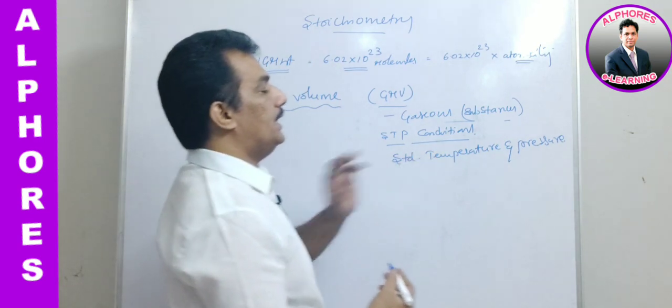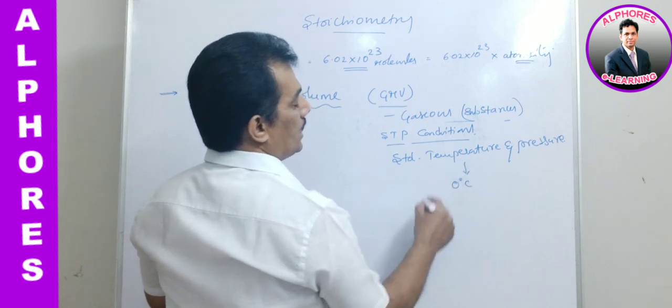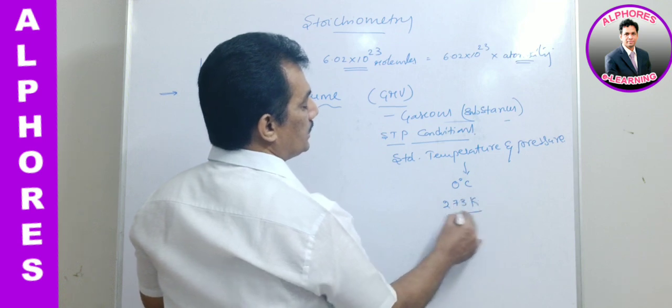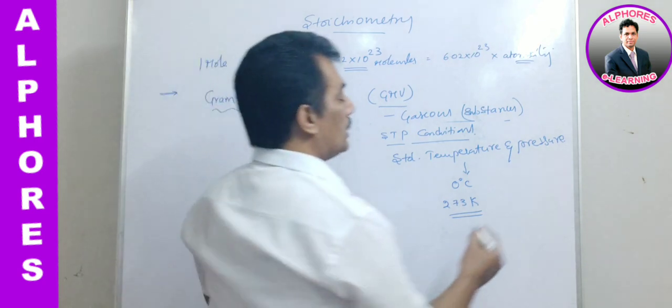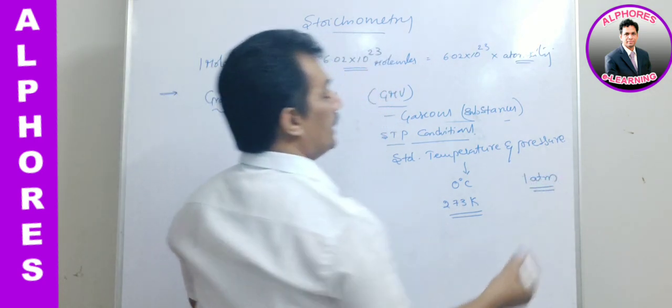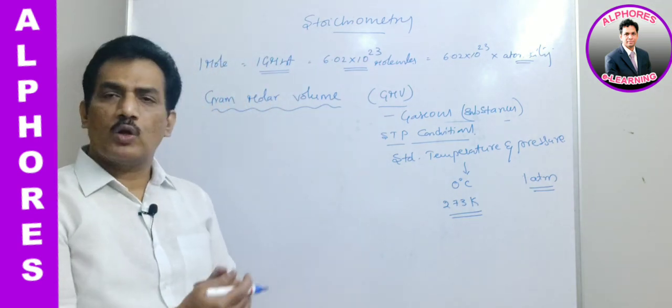What is standard temperature? It is 0 degrees centigrade or 273 Kelvin. And for pressure, 1 atmosphere is taken, which is the regular pressure around our globe.